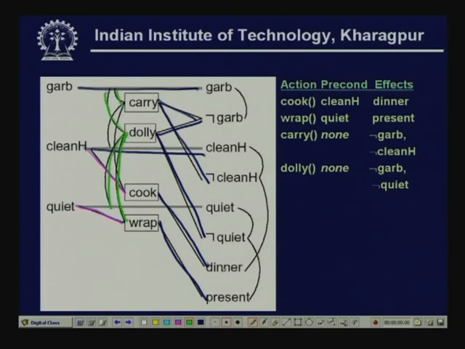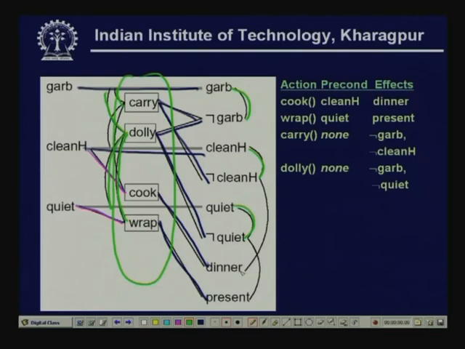Now, we already saw how to have the mutex relations between the different actions, and then we can also have mutex between the different propositions. So, this is easy. Garbage is mutex with no garbage, clean hands is mutex with no clean hands, quiet is mutex with not quiet.